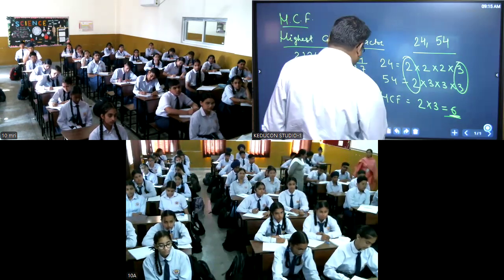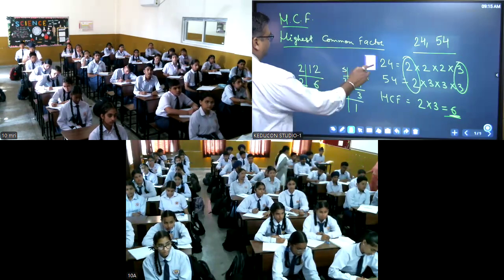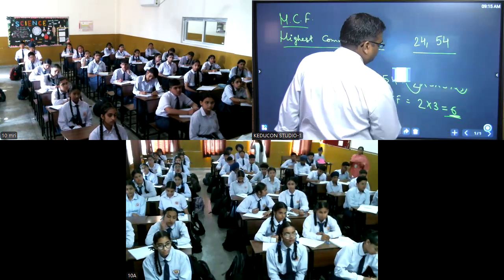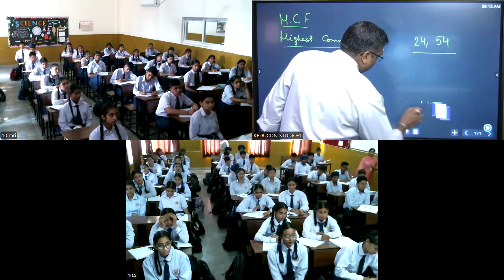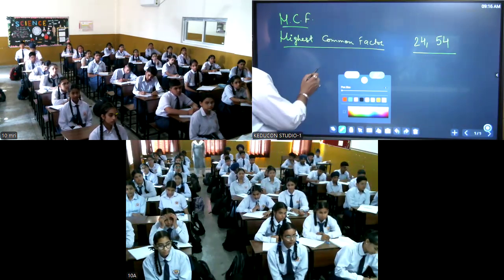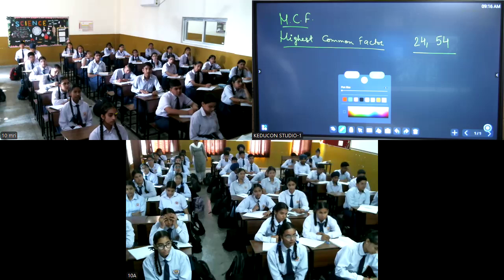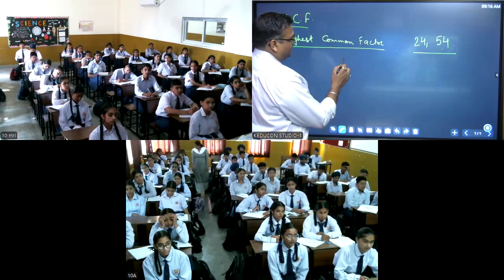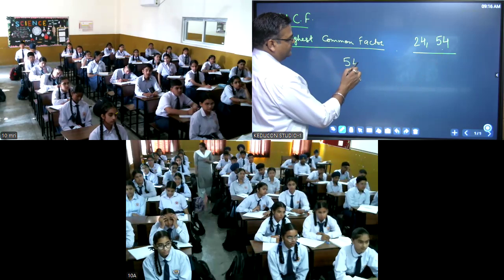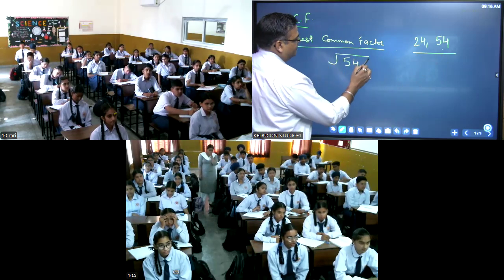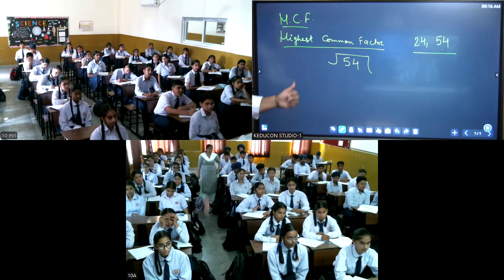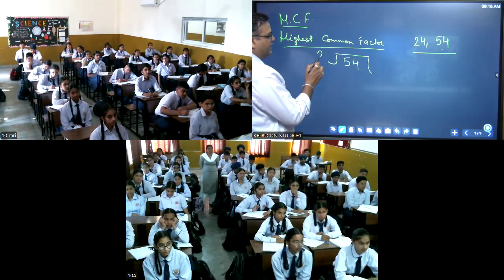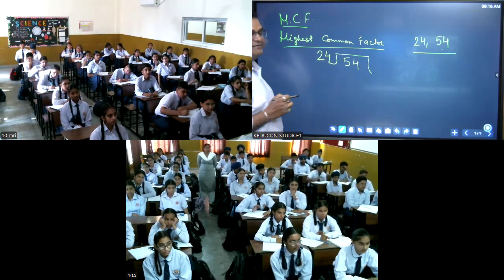Another method we have is the division method. How to do it by the division method? When you have to do it by the division method, what you have to do? Take the greater number as dividend and the smaller number as divisor.